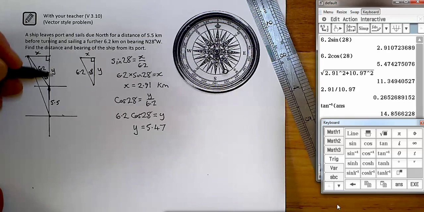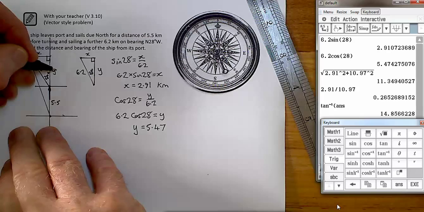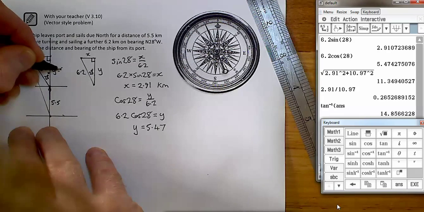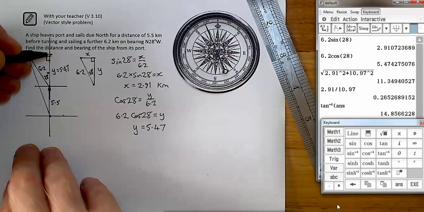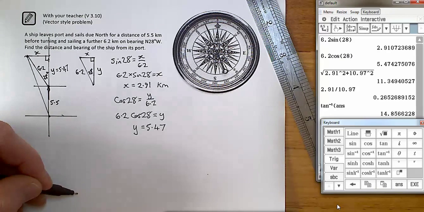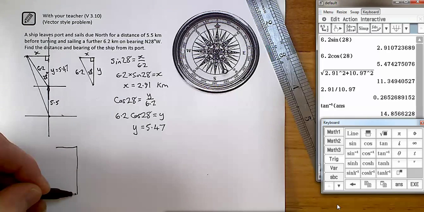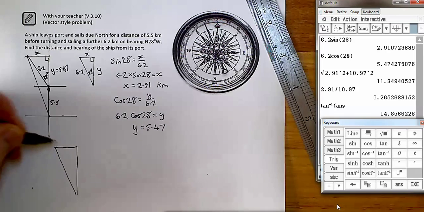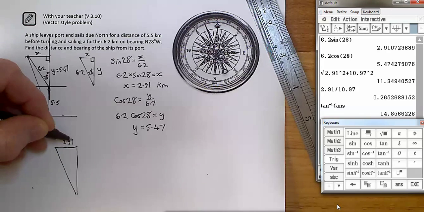Now, I know y and I know x. Now, if that's 5.47, I now know the total distance up here. In fact, it might be a good idea now if I redraw this big triangle here. I found out that distance x was 2.91.